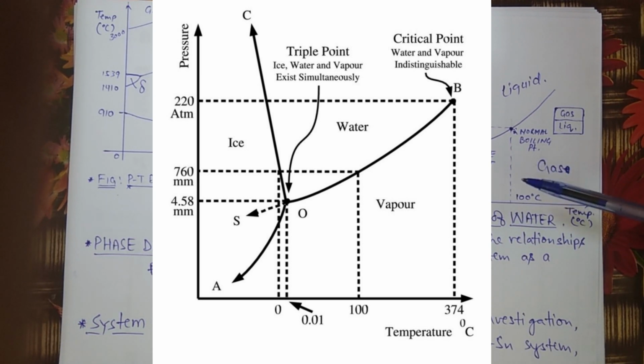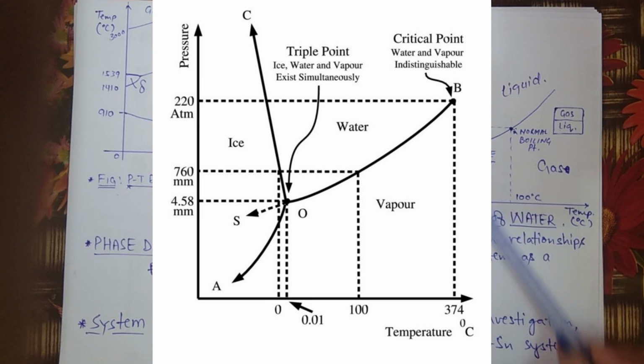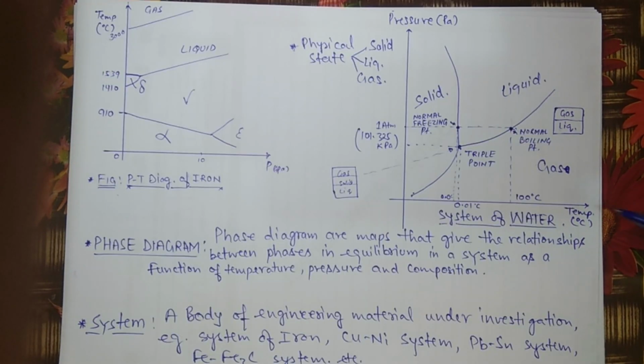You can take any pressure and any temperature and locate yourself to see what state you are going to achieve. By studying these phase diagrams, you can easily get information about the material present in the system.